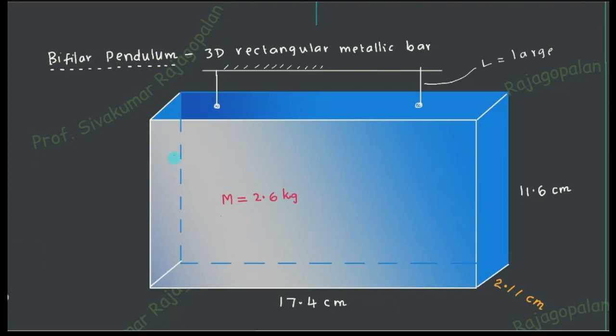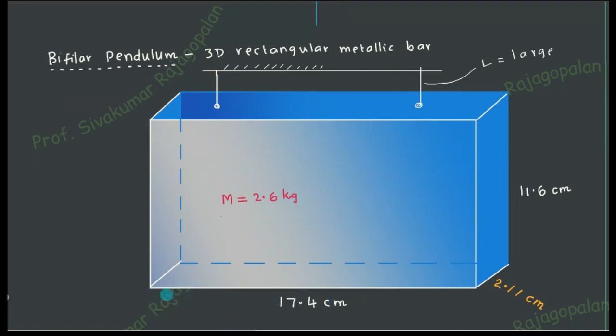That depends on the structure that you are going to take. Now, since we have taken a rectangular metallic bar here, we have some constants. As you can see here, the mass of the rectangular block is about 2.6 kilogram. And you also have some fixed values which you can measure.